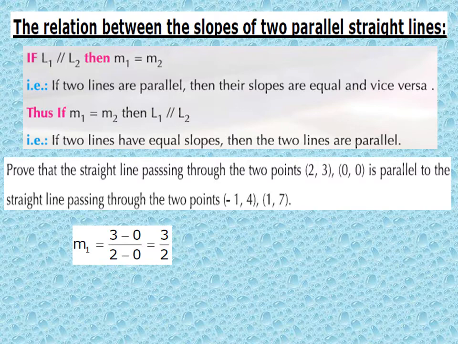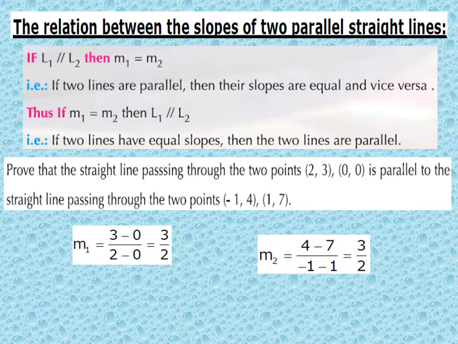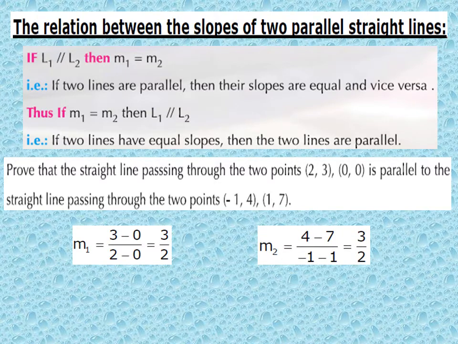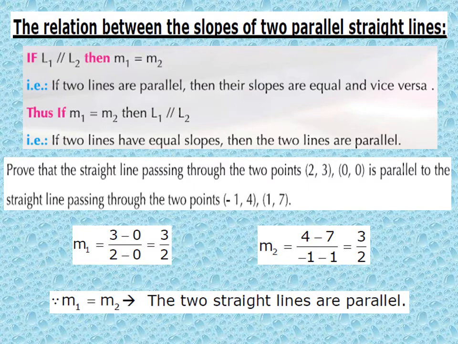Then M1 equals 3 minus 0 over 2 minus 0 equals 3 over 2. M2 equals 4 minus 7 over -1 minus 1 equals 3 over 2. The two slopes are equal, then the two straight lines are parallel.